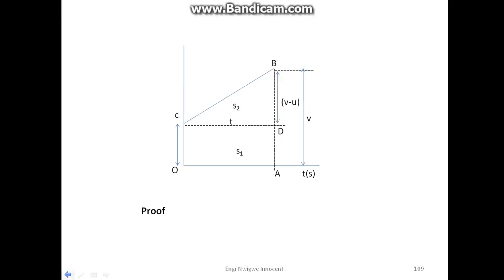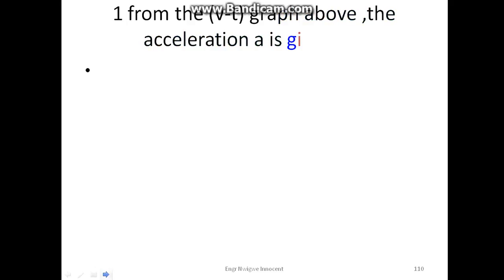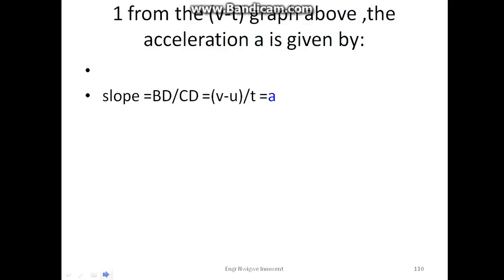From B to D is our change in velocity, which is final velocity v minus initial velocity u, while B to A is our final velocity.